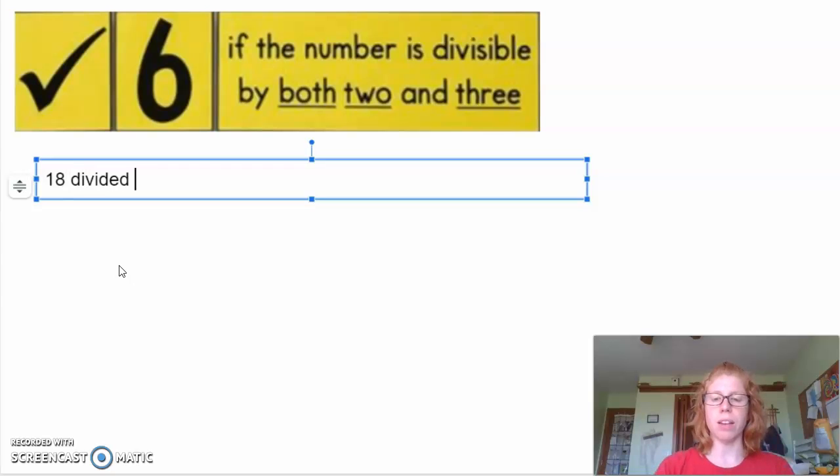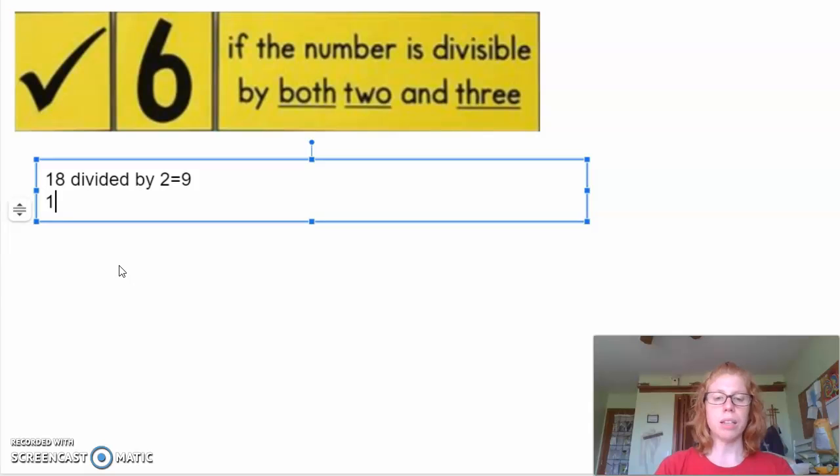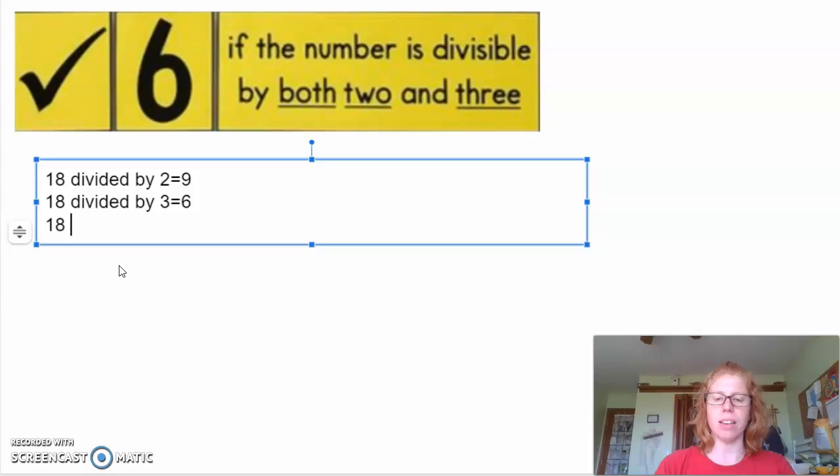So 18 divided by 2 equals 9. Can I split 18 up 3 different ways? Yes, I can. 18 divided by 3 is actually 6. So that gave us our answer in the end run. But that means if I can divide 18 by 2 and 18 by 3, then I can divide 18 by 6, which equals 3.